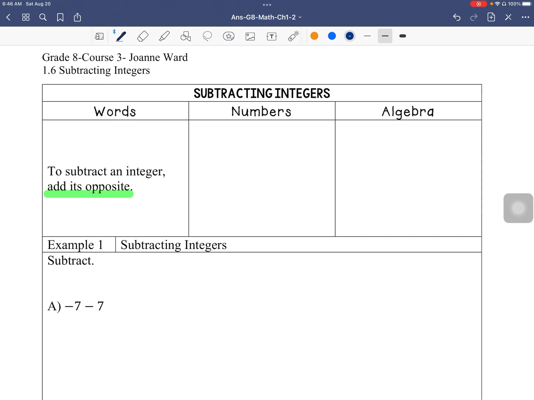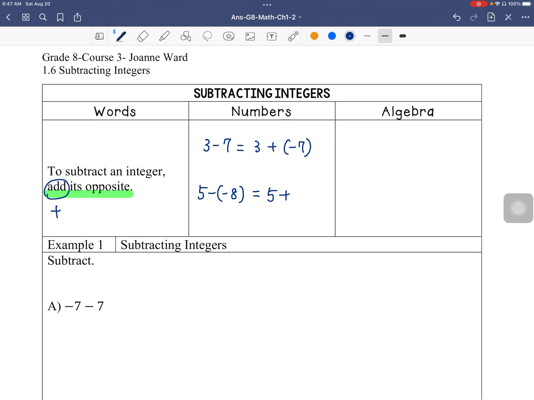So for the numbers, if we do 3 minus 7, this equals 3 plus negative 7. So I'm adding a negative number. When I do 5 minus negative 8, this will bring me 5 add the opposite.